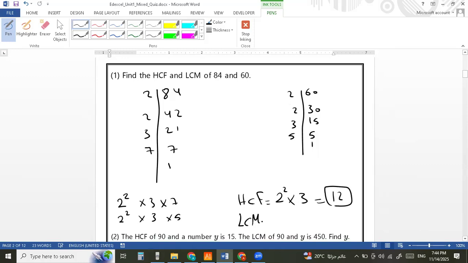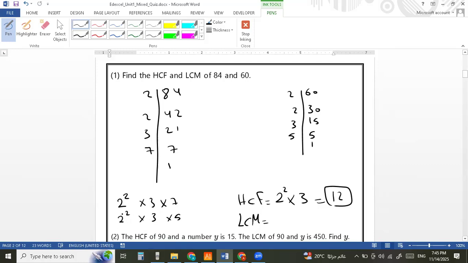While the LCM is equal to, in the LCM, you take what is common and what is uncommon as well. But if I have something that is common and it has different powers, like the 2, let's say if it was 2 to the power of 2 and 2 to the power of 3, you take the one with the highest index.